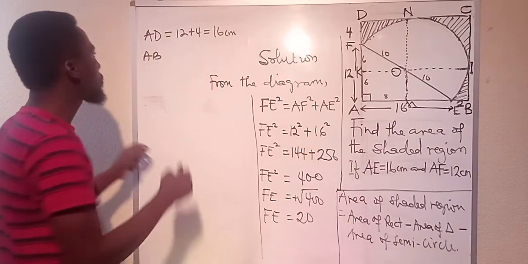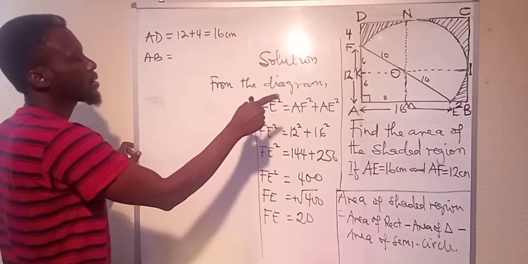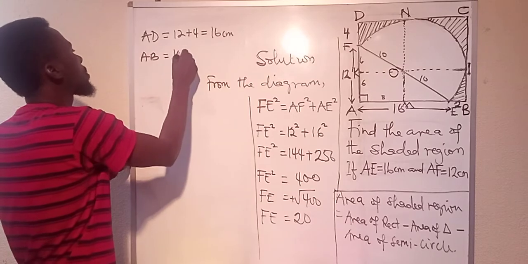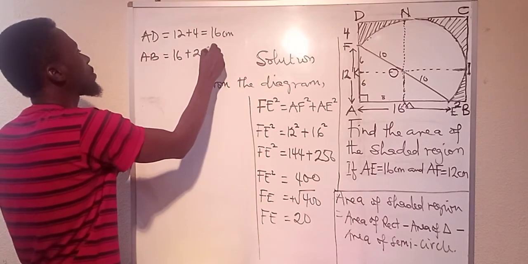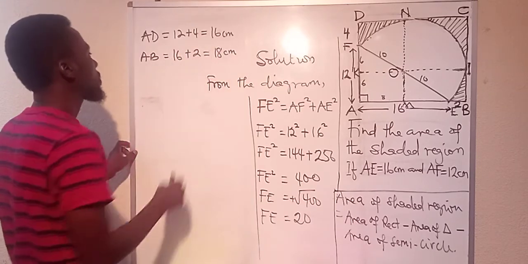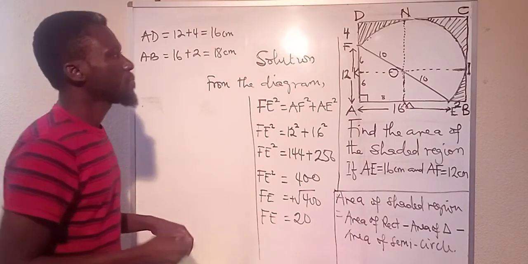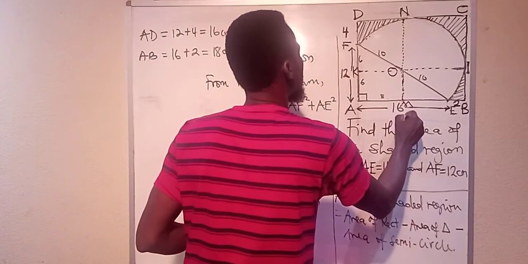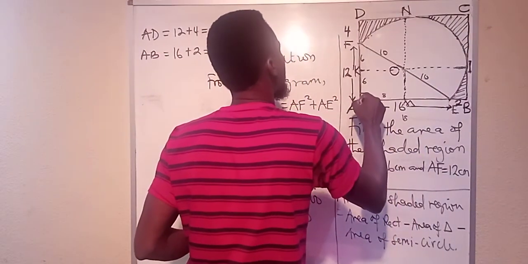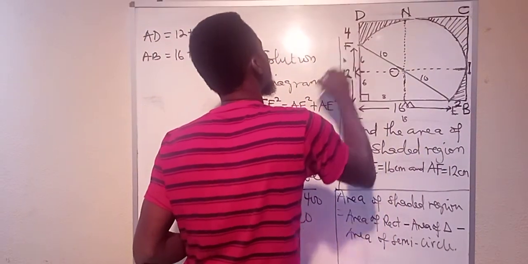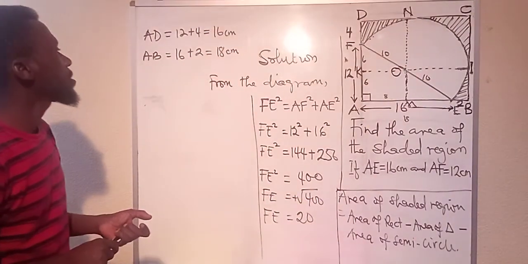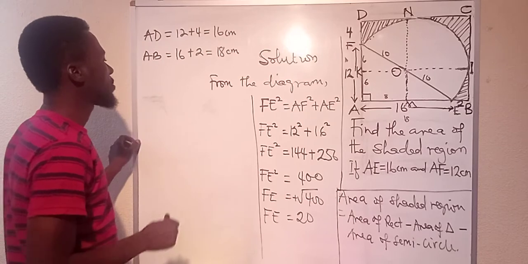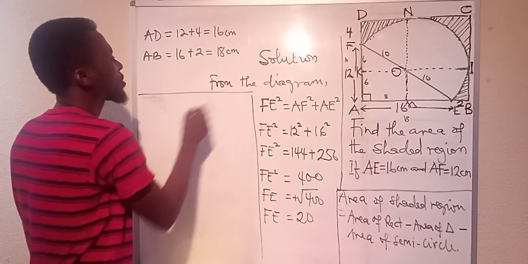AB is equal to 16 plus 2, which is equal to 18 centimeters. So now it means that we have AB to be 18, and AD to be 16. So we can find the area of the rectangle. All right. So let's continue.